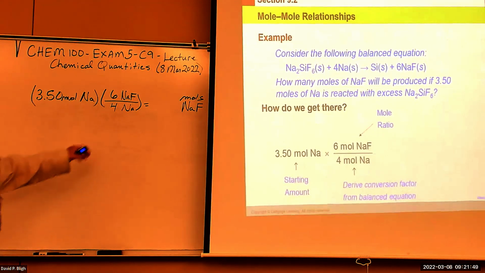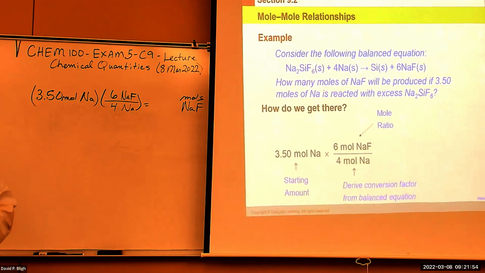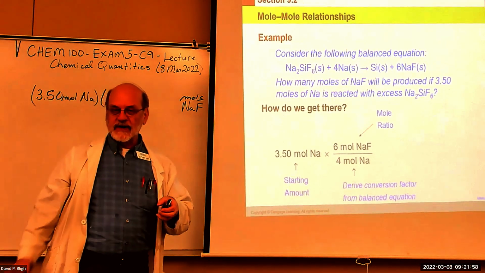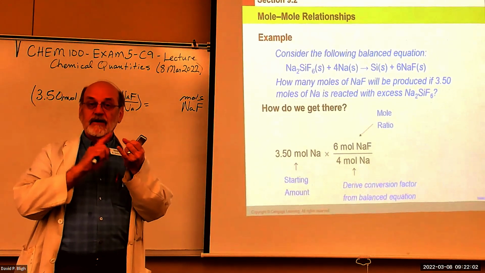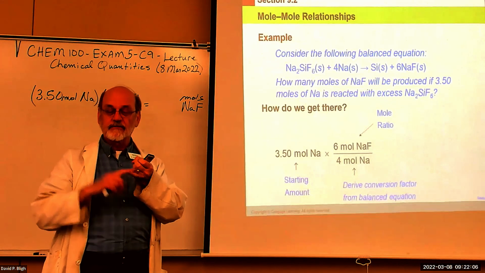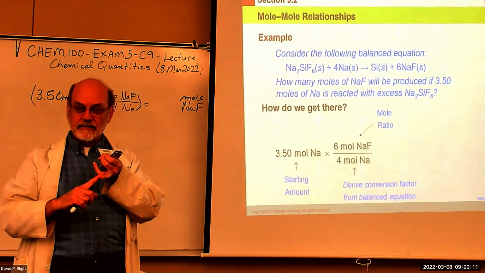So there's our conversion factor, the mole ratio derived from the balanced equation. That's why balancing equations is so important and why we spent time on it at the beginning. First of all, we had to learn all the symbols that we're going to be using, chemical symbols for each of the elements. Then how to write compounds and name them.